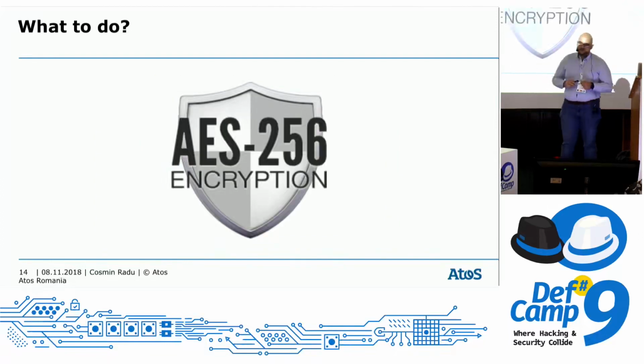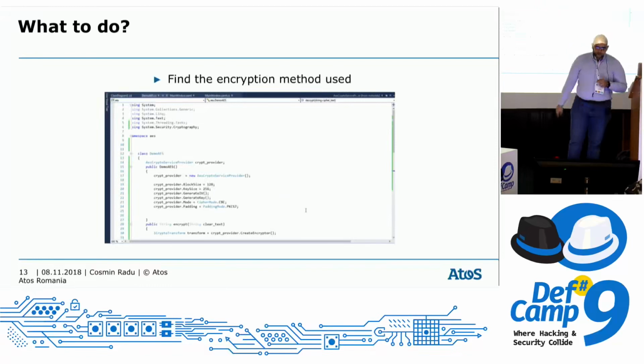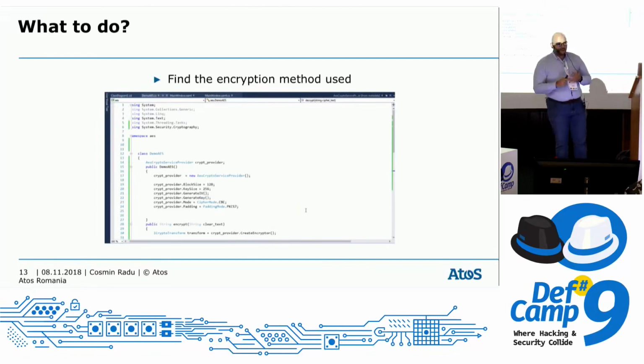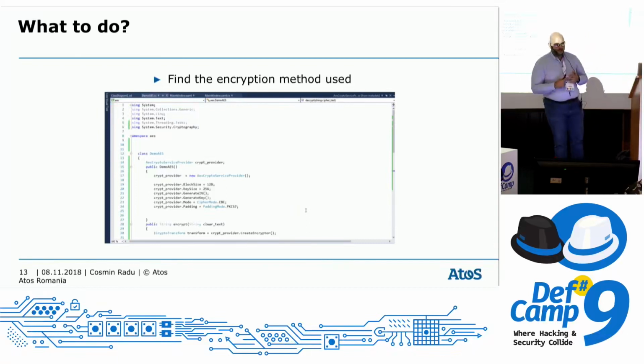I discovered it was using AES-256 encryption, and the developer managed to have the IV, not a real screenshot, hard-coded, and the key generation method was also there on the client.